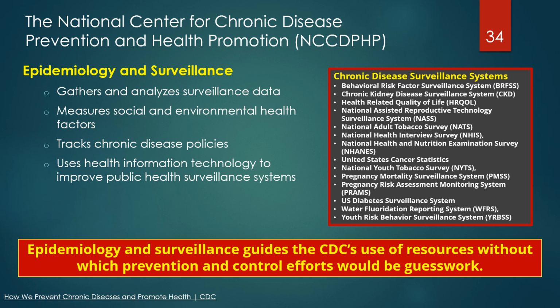NASS, National Adult Tobacco Survey, NATS, National Health Interview Survey, NHIS, National Health and Nutrition Examination Survey, NHANES, United States Cancer Statistics, National Youth Tobacco Survey, NYTS, Pregnancy Mortality Surveillance System, PMSS, Pregnancy Risk Assessment Monitoring System, PRAMS, U.S. Diabetes Surveillance System, Water Fluoridation Reporting System, WFRS, Youth Risk Behavior Surveillance System, YRBSS.